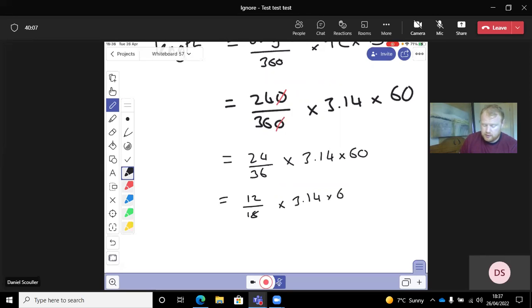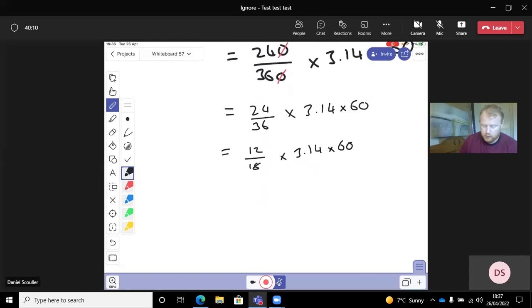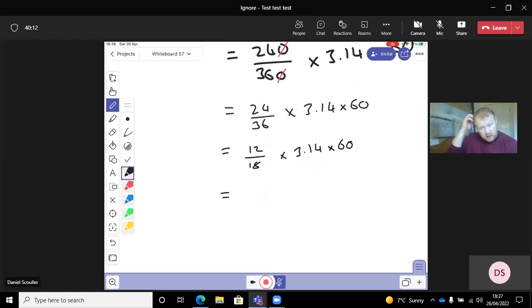That can still be simplified more, so keep simplifying it. Now 6 goes into both of them. 6 goes into that top line twice, and it goes into that bottom line 3 times. So now we've simplified that fraction right down from something that we can't do in our heads to something that's now a wee bit more possible.